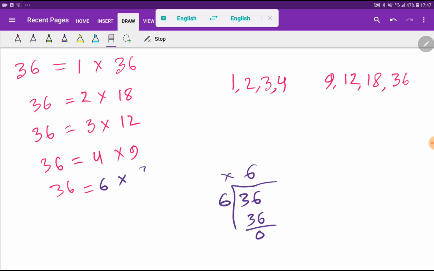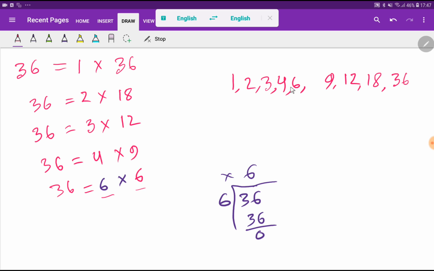So I have to take 6 here. But I will not write 6 twice because I have to write it just once. This 6 and that 6 don't have any difference, so I will use just one, right?